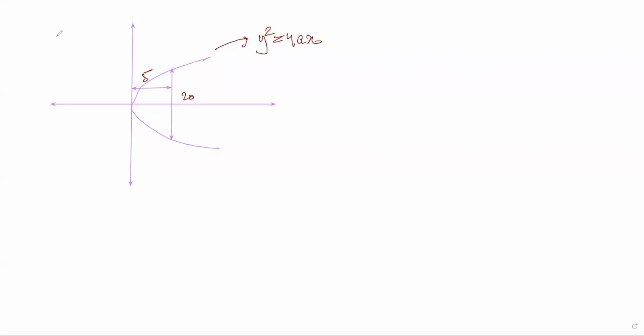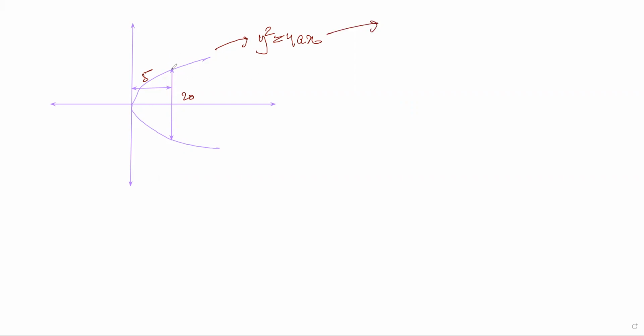The only meaning it can have is that this should be an upward parabola because 5 centimeter deep is given. Let's find out the focus through y square is equal to 4ax. It can also be possible that it's an upward parabola. I think it should be that only. Let's find the focus in this case, then we'll check the answer.